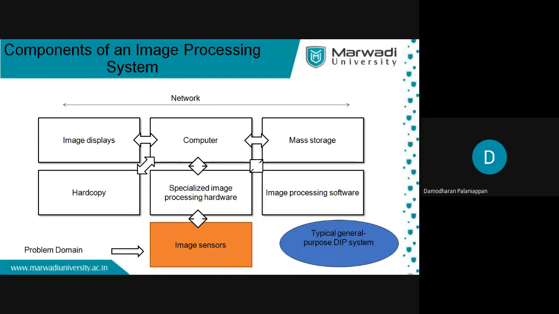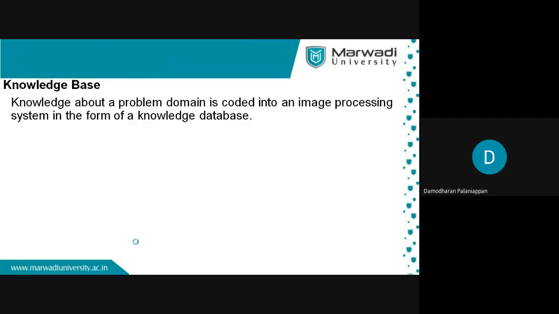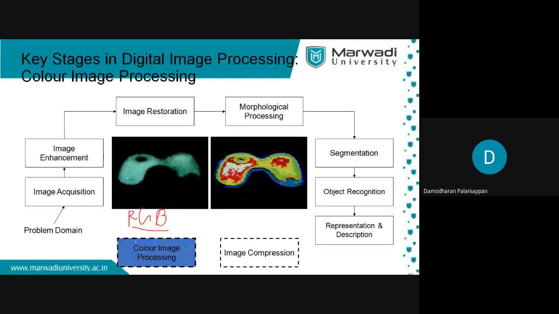We have seen the different types of stages now. In the previous slide, we saw the different stages: image enhancement, image restoration, morphological processing, segmentation, object recognition, representation and description, image compression, color image processing. Everything will be combined in one tool.